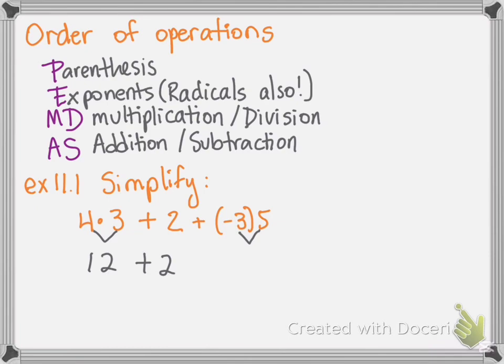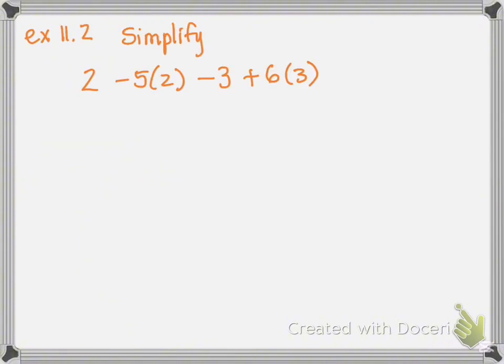And then -3 times 5 is -15. Now we're ready to do the addition and subtraction. Remember, we add first the ones that have the same sign. That would be 14. And 14 minus 15, we subtract and choose the sign of the biggest. So -1.